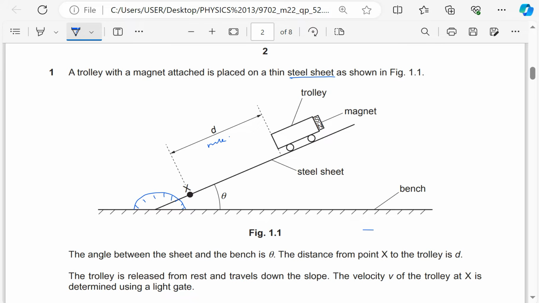Of course, for this trolley, for safety precautions, I'll put a block here so that when it passes point X, it doesn't cause any damage or harm.